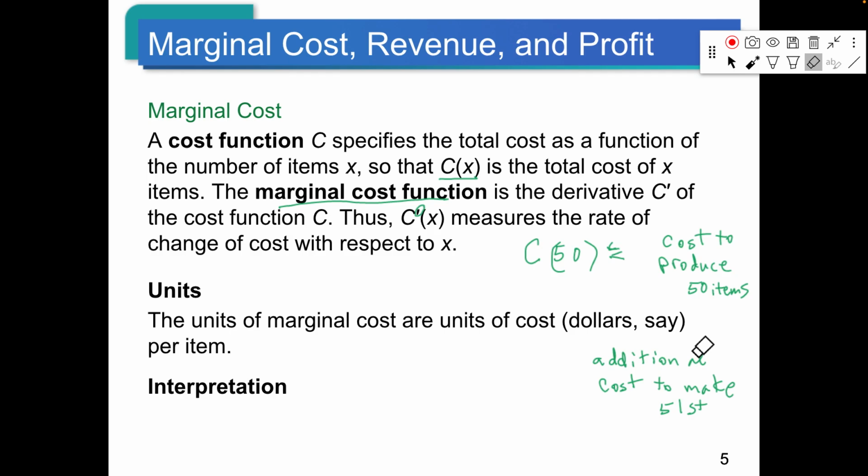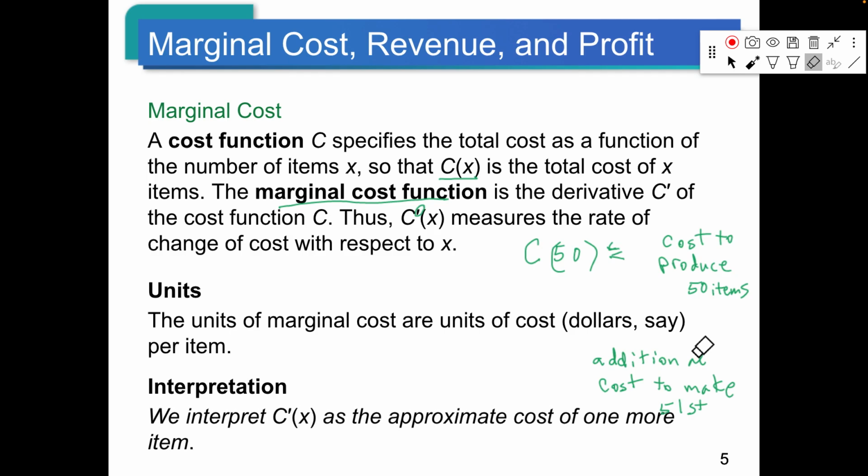But the marginal costs are always, remember, a rate. A rate is cost per item. So the marginal is cost per item. The original one is just cost for however many items we're producing.